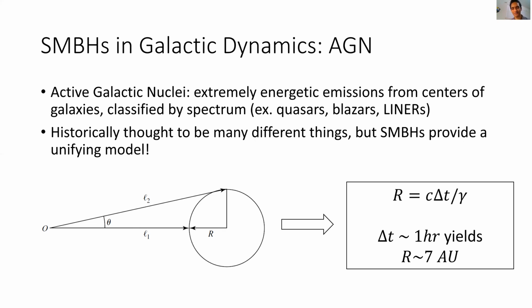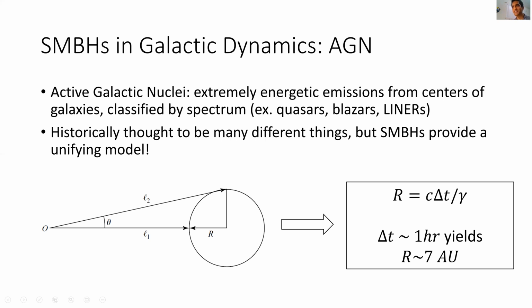Using twiddles like we do in astronomy, we're going to call the Lorentz factor close to 1. The delta t for a typical AGN measurement could be around an hour. Anyway, that's a reasonable scale. And we end up with a radius around 7 AU, so 7 times the distance from the sun to the earth. The first notable thing is that's a very, very small distance for something that's so energetic.